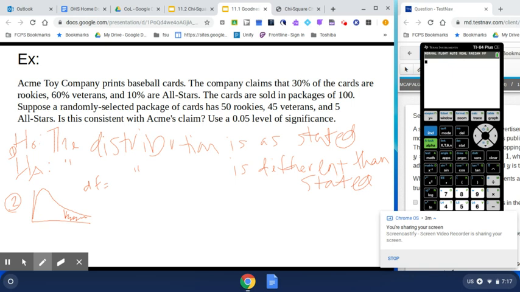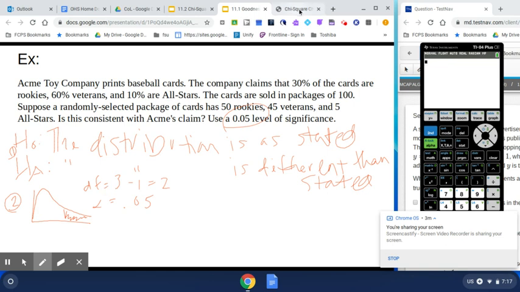So we have rookies, veterans, and all-stars. So we have 3 categories minus 1, so we have 2 degrees of freedom. And it did say to use an alpha value of 0.05 in the prompt. Remember, guys, if it does not state an alpha value, 0.05 is the commonly used and therefore the default.